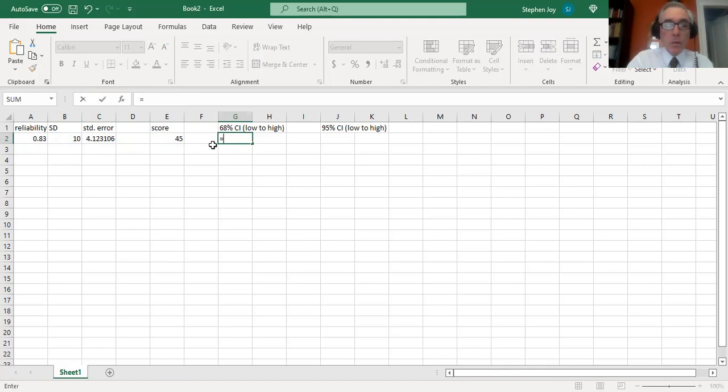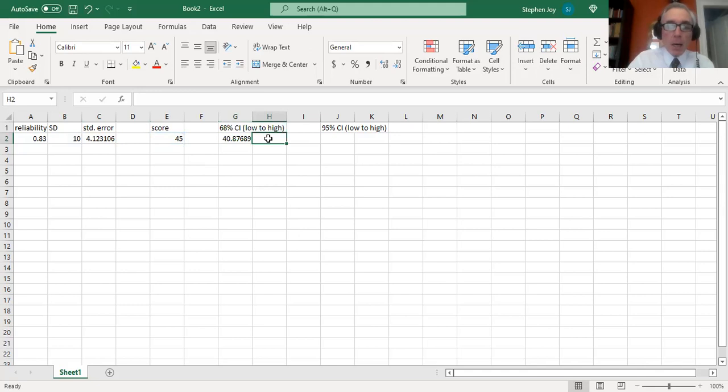What I would do to get the low end is simply to take the obtained score, and we're going to say, take that minus C2. And there we are. The high end is going to be E2 plus C2.